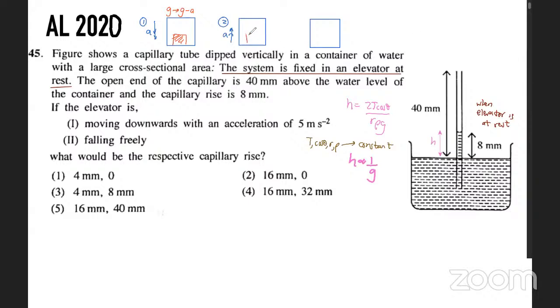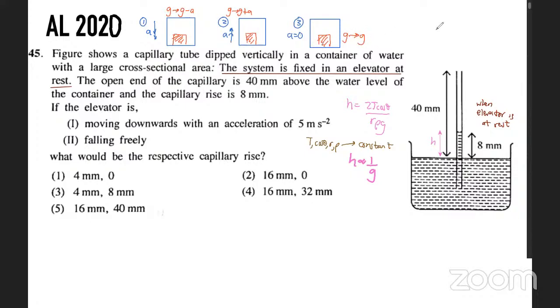So when you mark the acceleration downwards, it has two meanings: elevator is accelerating downwards or decelerating upwards. This has two meanings: elevator is accelerating upwards or decelerating downwards. So for this scenario, you will be taking g as g plus a. And for the third one, when acceleration is 0, that means the lift is at rest or moving with a constant velocity, and during that time the object will experience g as g itself, 10.